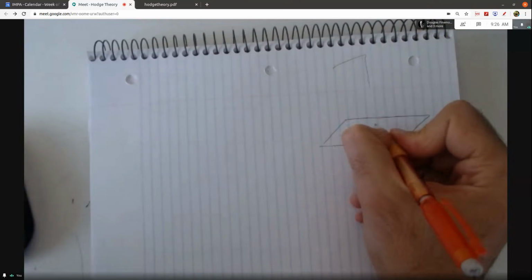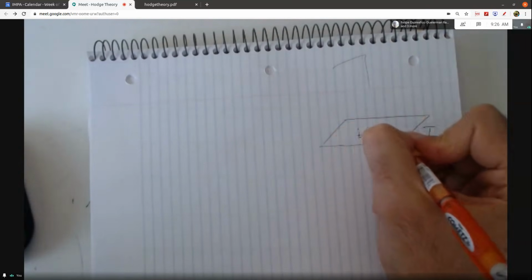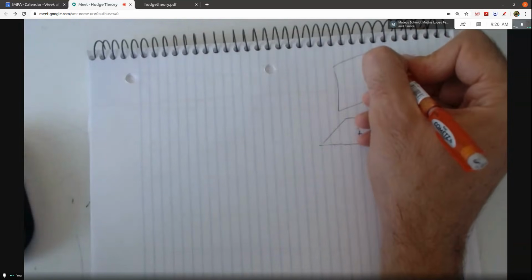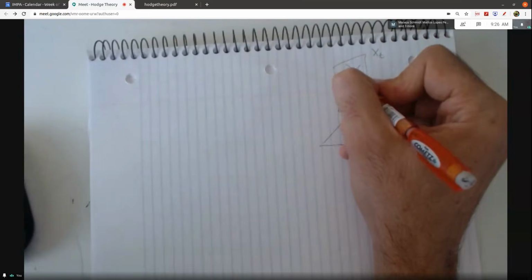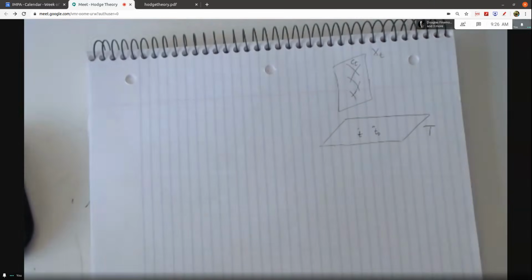I have, let's say, this T0, and for any point near T0, I have this surface Xt, and then there is a curve, and actually the curve can be singular, Ct. So the next step must be made rigorous, but I think when one makes things rigorous, then one also loses the joy of doing mathematics.